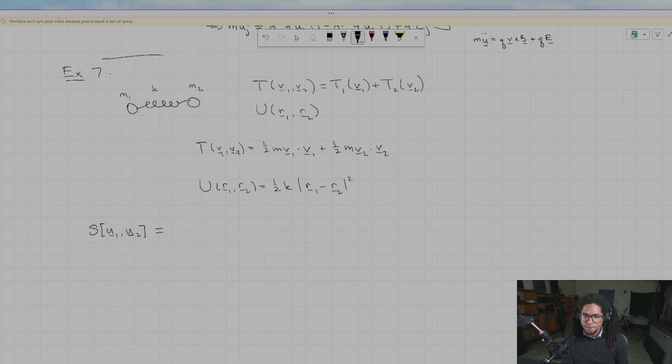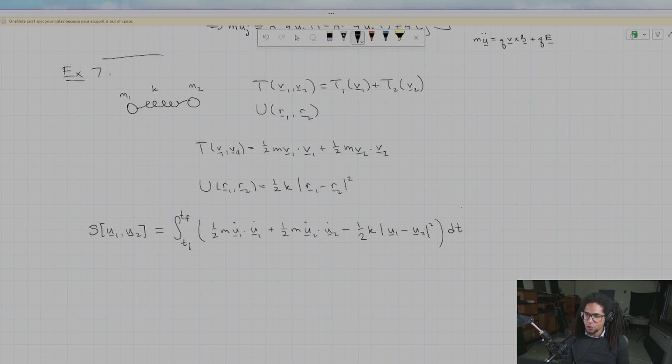All right, so anyway, I'm going to go from t_i to t_f in my integral. My Lagrangian is going to be T minus U. So I'll get 1/2 m v1 dot v1 plus 1/2 m v, and I've done this almost every single time. So it'll be 1/2 m u1 dot dot u1 dot plus 1/2 m u2 dot dot u2 dot minus 1/2 k modulus of u1 minus u2 squared dt.